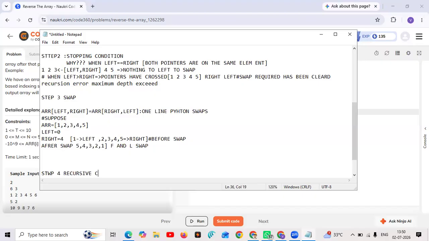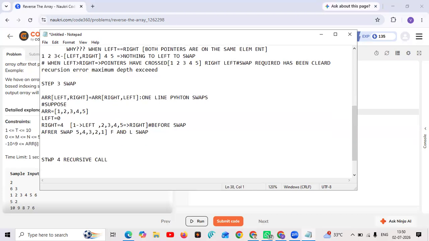Now we are moving towards step 4, that is the recursive call. Again, the recursion has been implemented: reverse array comma left plus 1 and right minus 1.